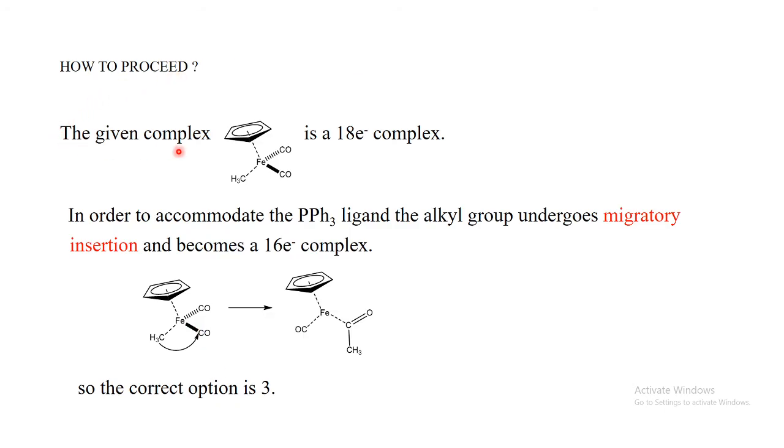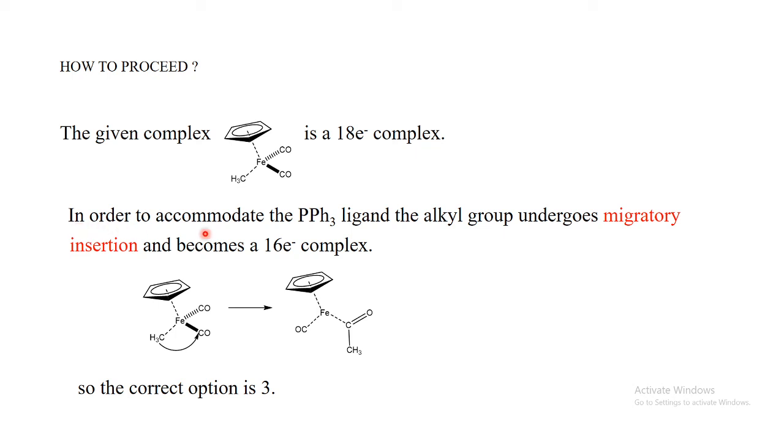So the given complex is this. We have the iron metal center, a cyclopentadienyl ligand, a methyl ligand and 2 carbonyl ligands attached to the metal center. The total electron count for this organometallic compound is 18.